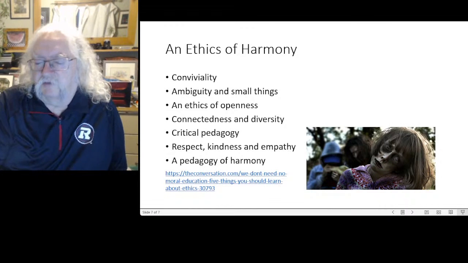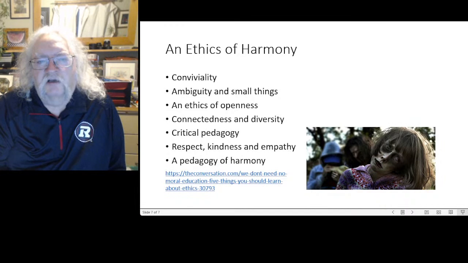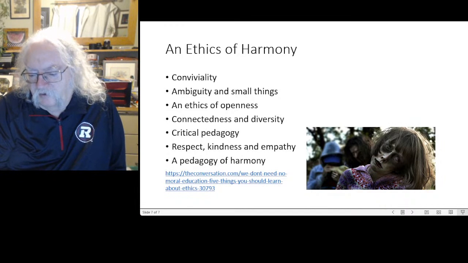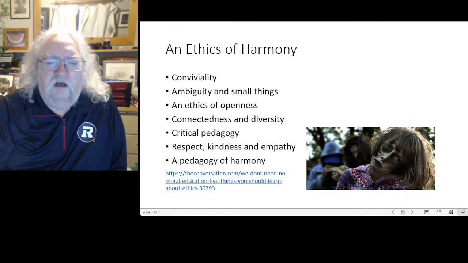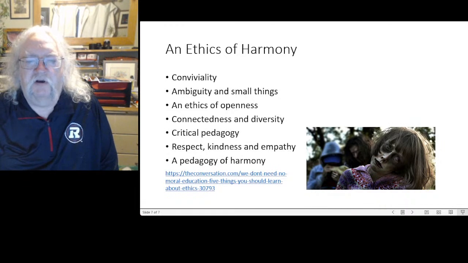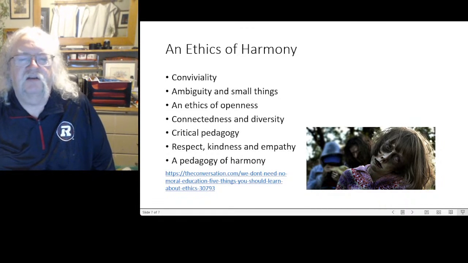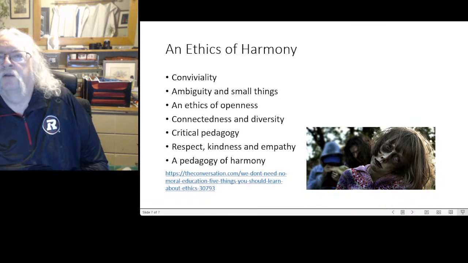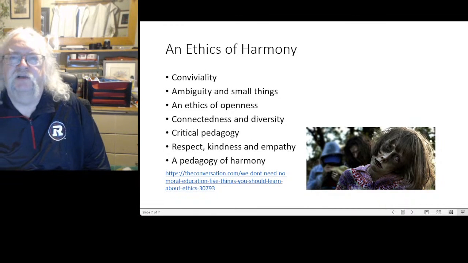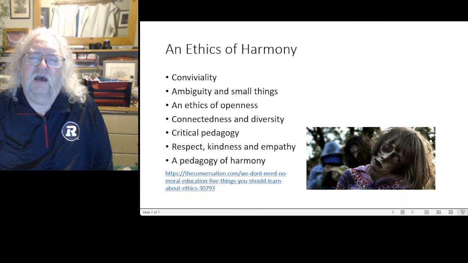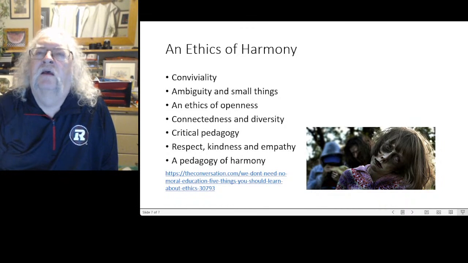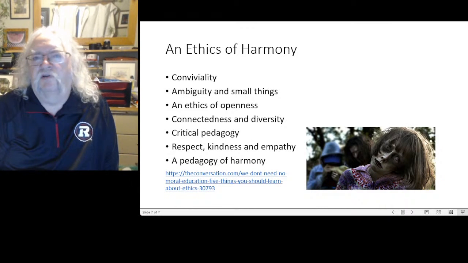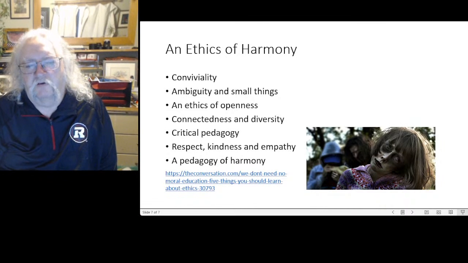But there are some topics of interest: conviviality, and here, for example, we could talk about Ivan Illich, ambiguity in small things, the ethics of openness, which matters to me, the ethics of connectedness and diversity, the role critical pedagogy plays in all this, and looking at the systems and structures that create our society and give us the environment, if you will, in which we are going to be ethical.